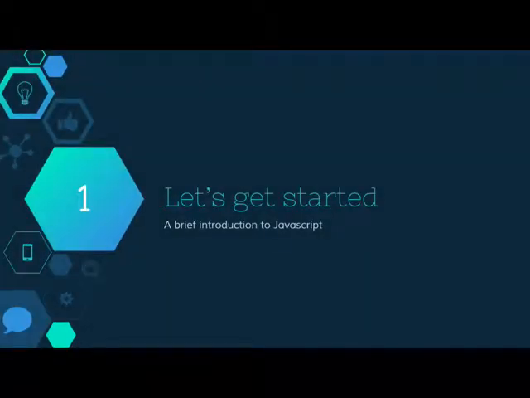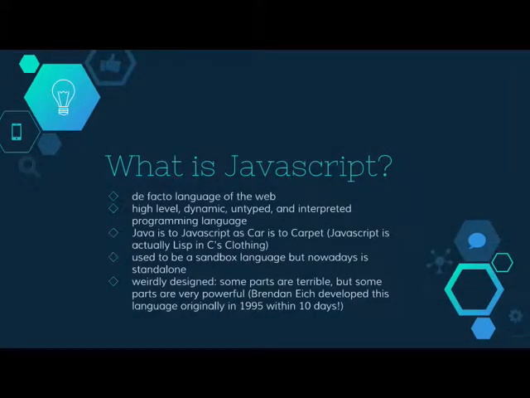So we'll get started by talking about a brief history of JavaScript. So what is JavaScript? JavaScript is the language of the web. It is a high-level, dynamic, untyped, interpreted programming language. It has nothing to do with Java.